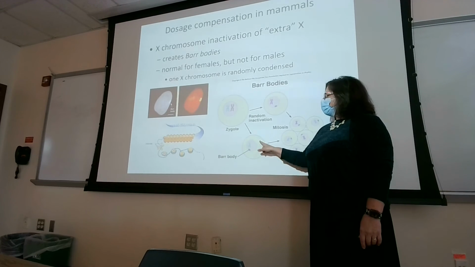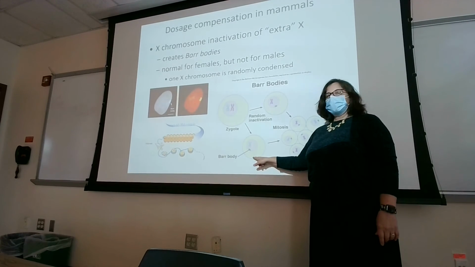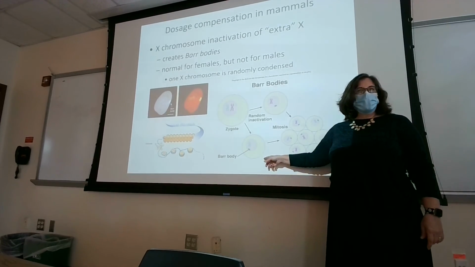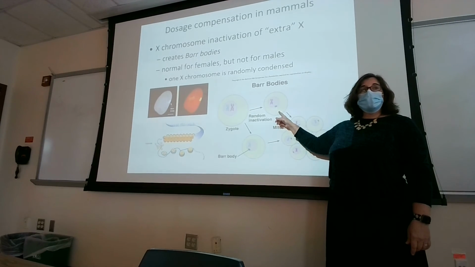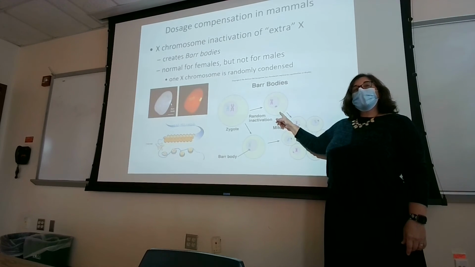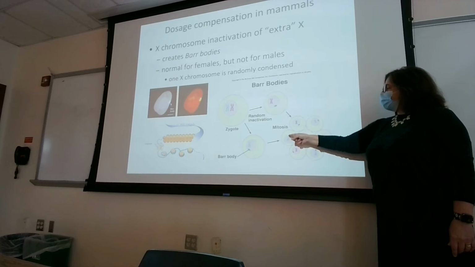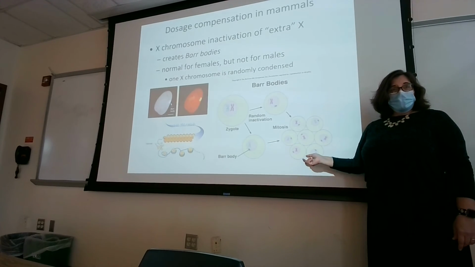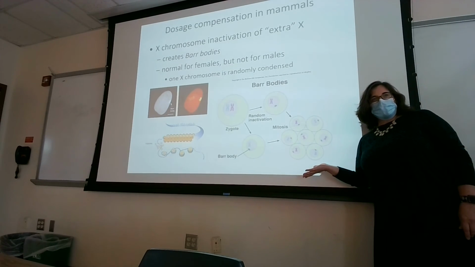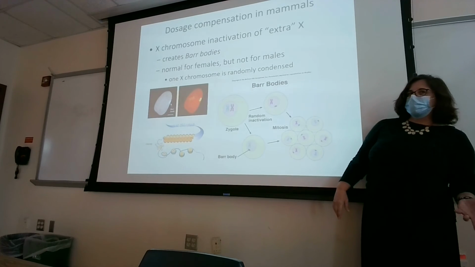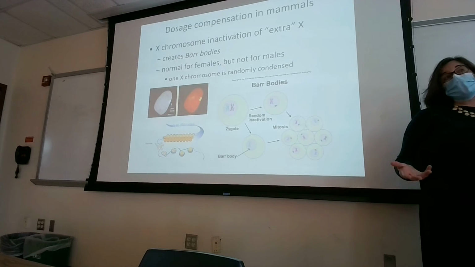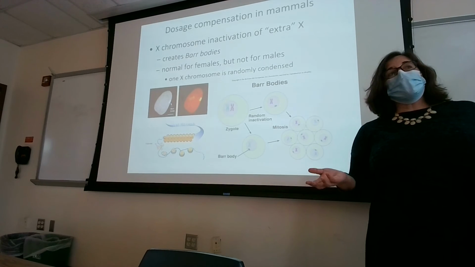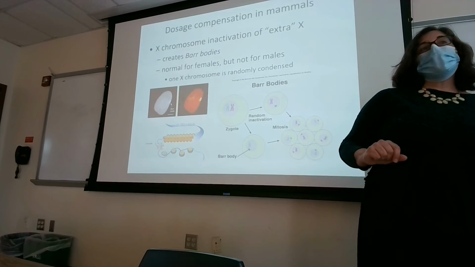Every cell that comes from this cell is now going to have a purple chromosome inactivated, and every cell that comes from this cell through mitosis is going to have the blue one inactivated. So what you wind up with is a female organism that's patchy. Some of the cells have 1 X chromosome inactivated, some of the cells have the other one inactivated. That means that if you're heterozygous, you may be recessive in some cells, and you may be dominant in other cells.